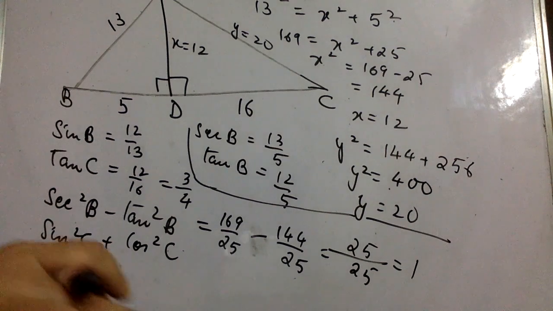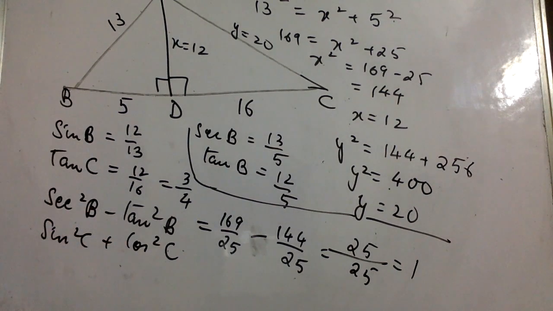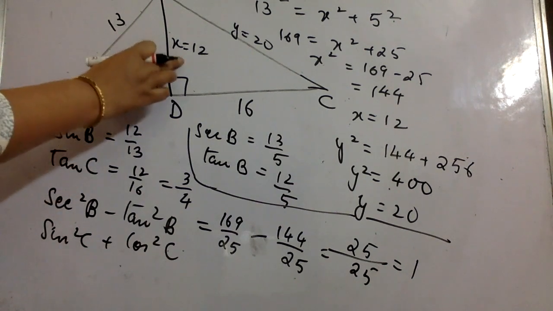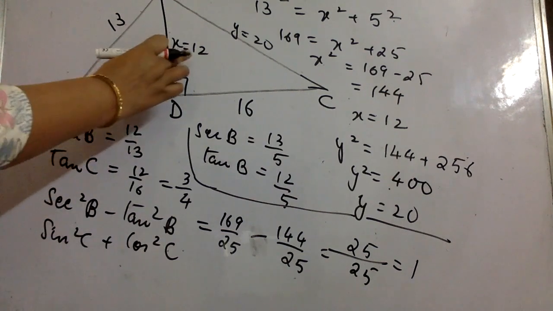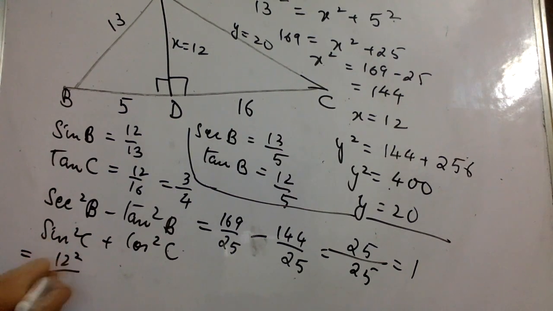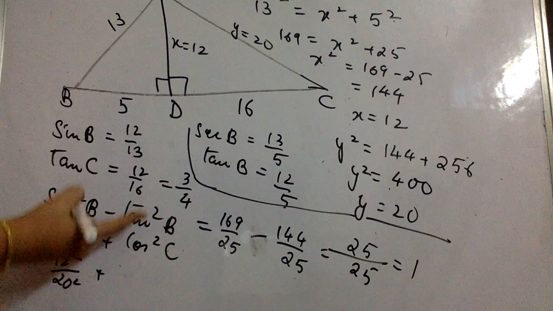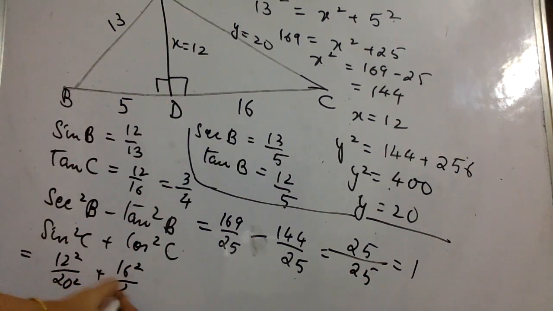Now this one, they want sin C and cos C. So we should find sin and cos C. Sin C is 12 by 20. So 12 by 20 square, that is 12 square over 20 square, plus cos C is 16 by 20, 16 square over 20 square.